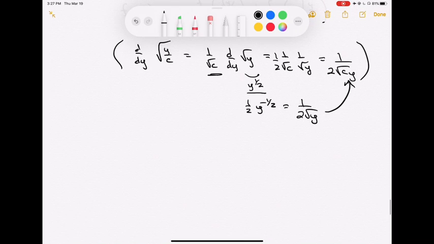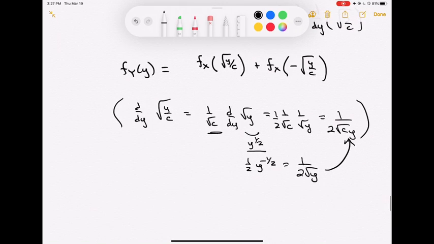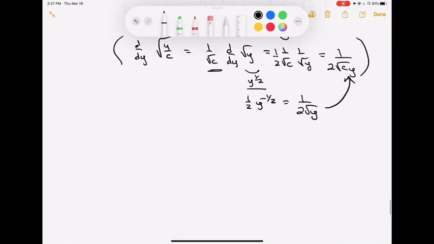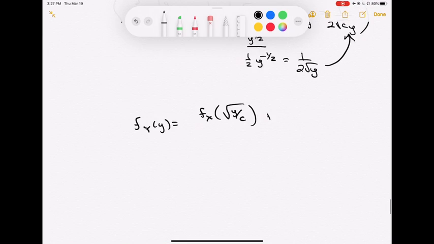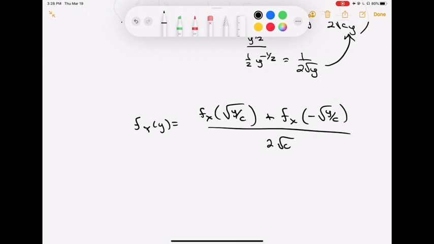Okay, we are actually super close at this point. We just needed to finish this out. This whole thing's going to be divided by this result here, this 2 root cy. I think this is deserving of one more cleanup. I'm going to get it really nice and neat. f_Y(y) is equal in this case to f_X of root y by c plus f_X of minus root y by c, all over 2 root cy.